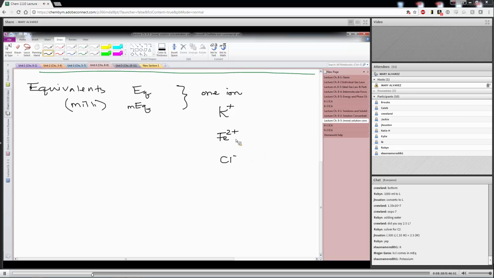The reason we use equivalents is that blood and cells have really complex mixtures of ions. It's not as clear as looking at a solution of sodium hydroxide, or a solution of potassium chloride, or a solution of iron 2 nitrate.